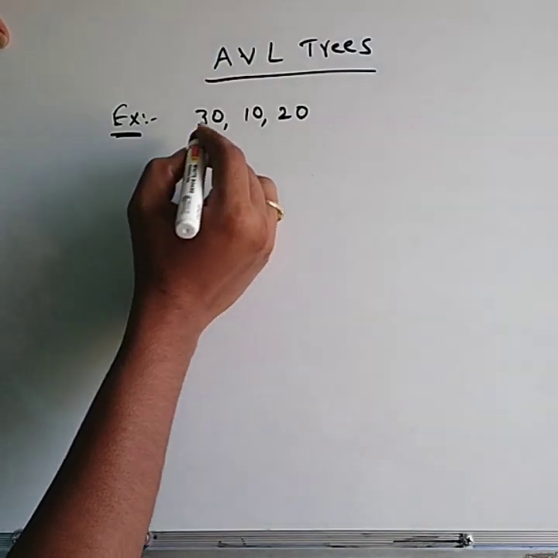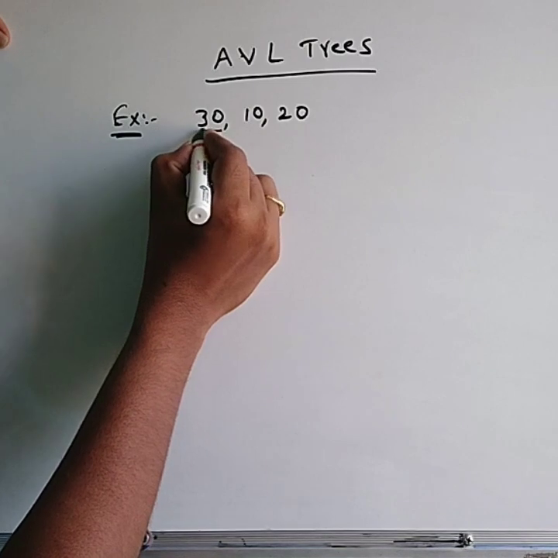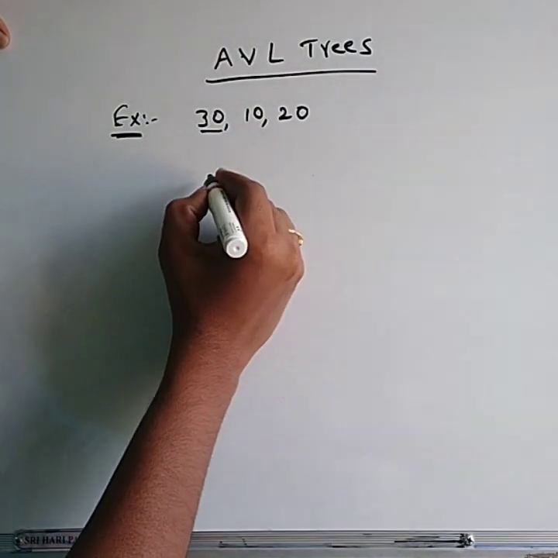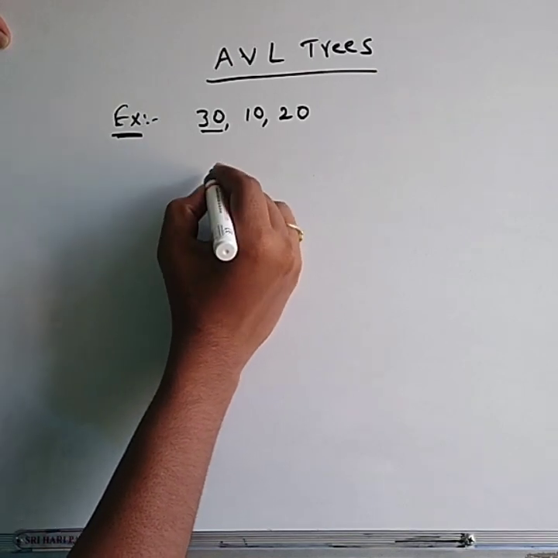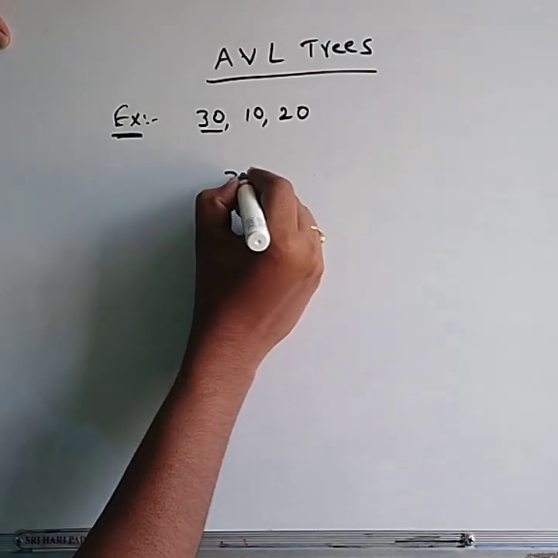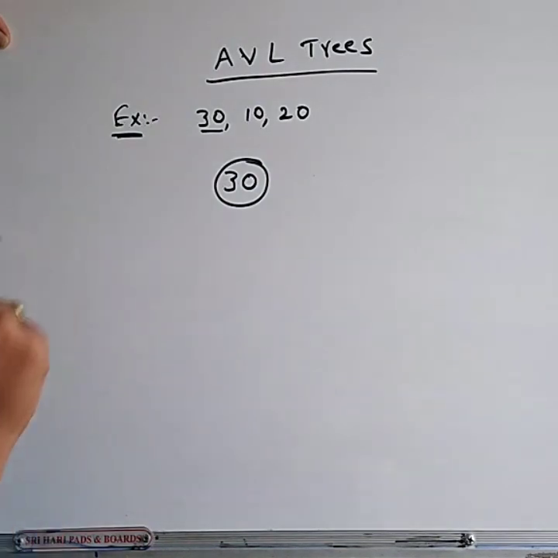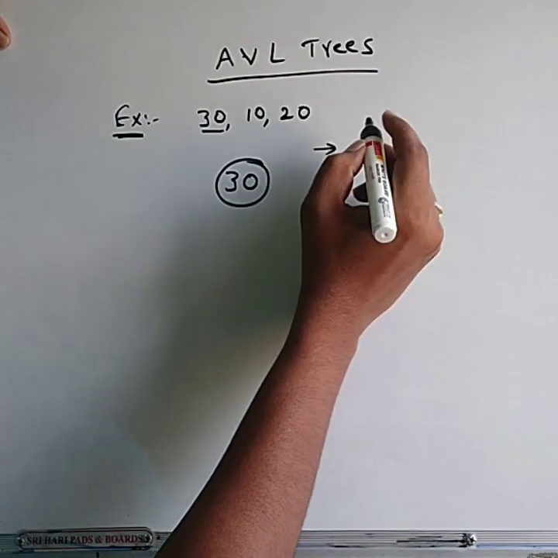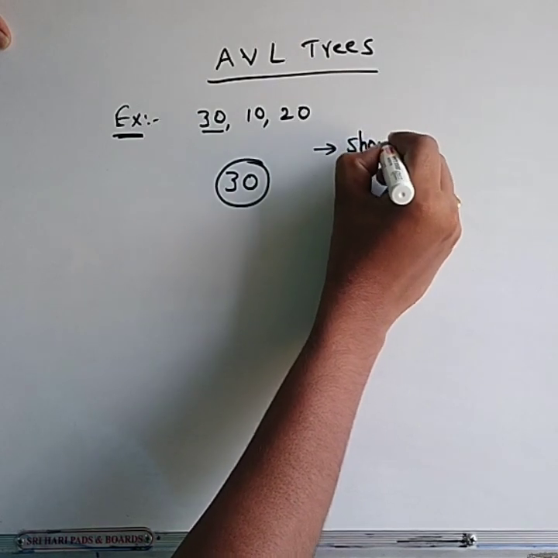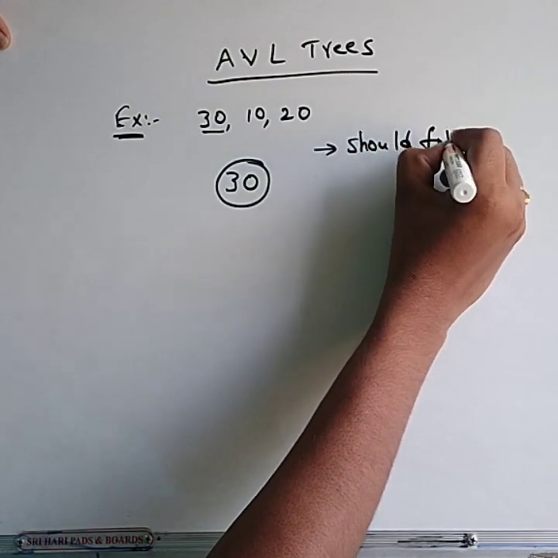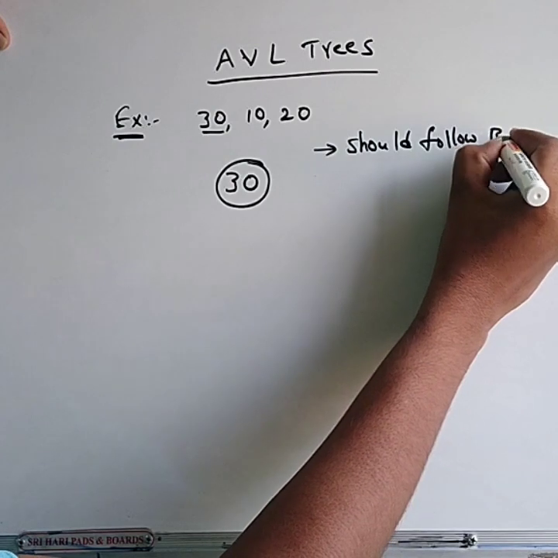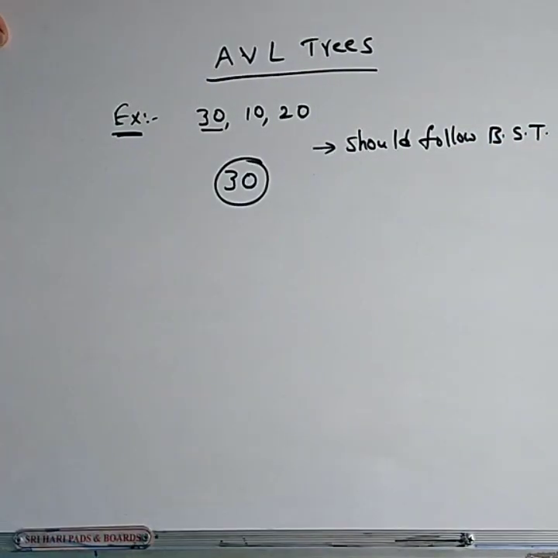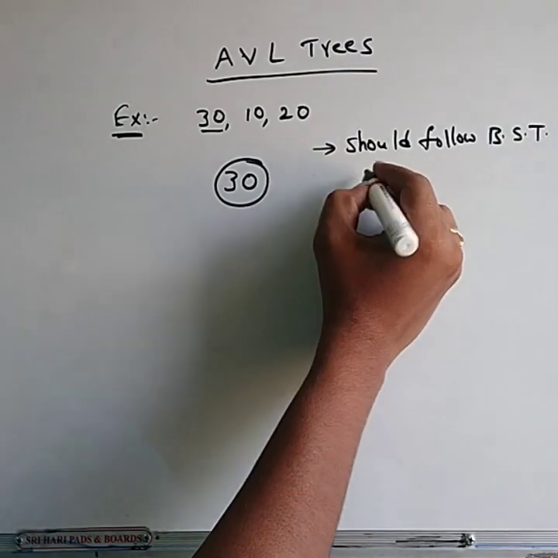Okay. So whenever you take a tree and construct an AVL tree, first you take the first node as a root node. An important point is that an AVL tree should follow binary search tree rules. What is the rule?